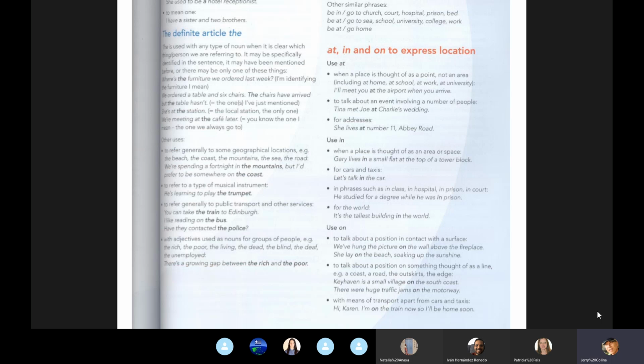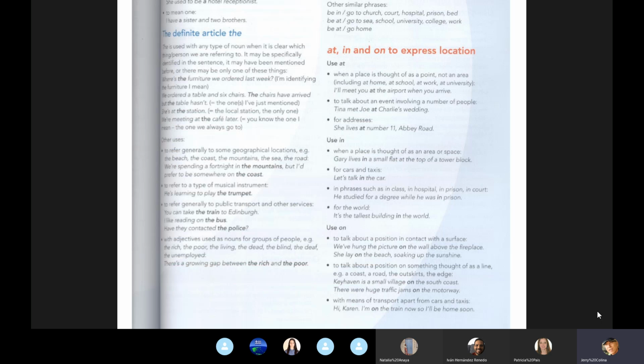We use on to talk about a position on something thought of as a line. For example, a coast, because it's a line dividing sea and land. A road, so we say on the coast, or on the east coast, or on the road, on the outskirts of the city, on the edge, en el borde, en el límite, on the edge.